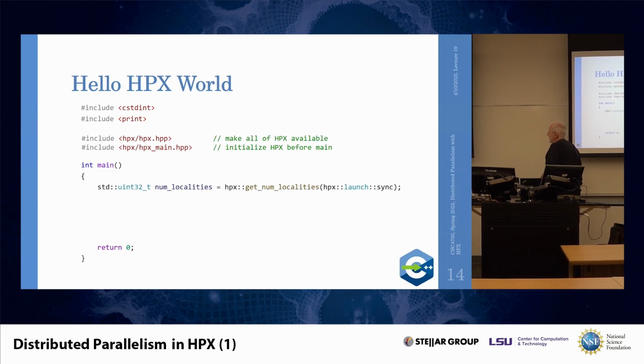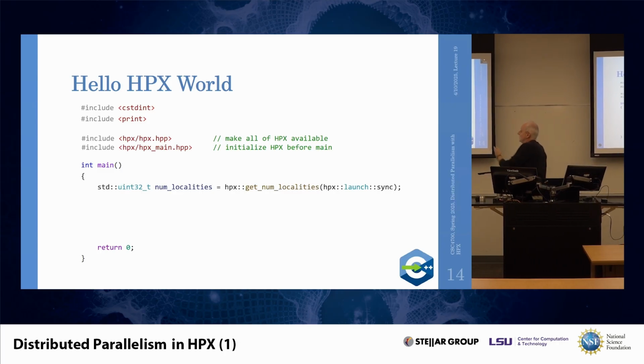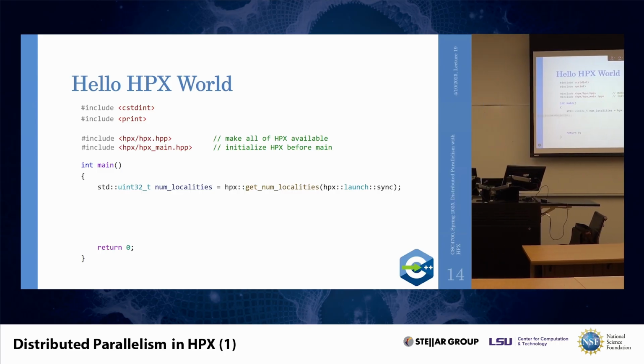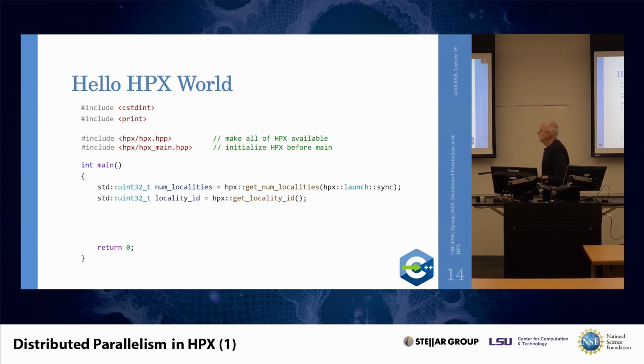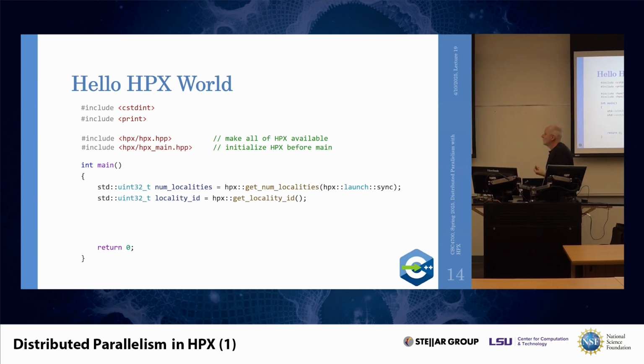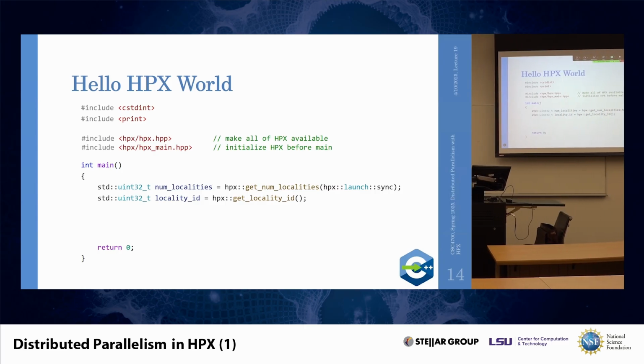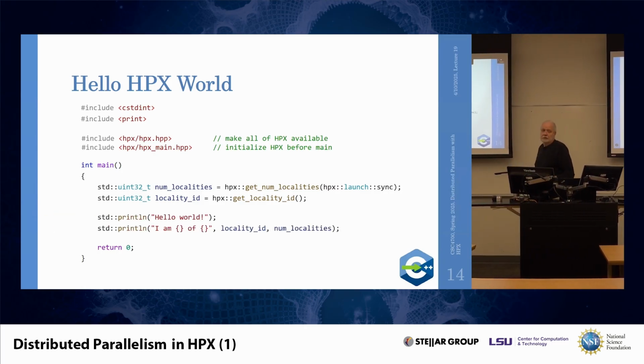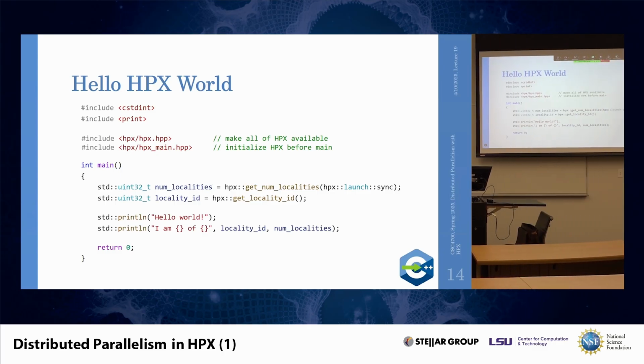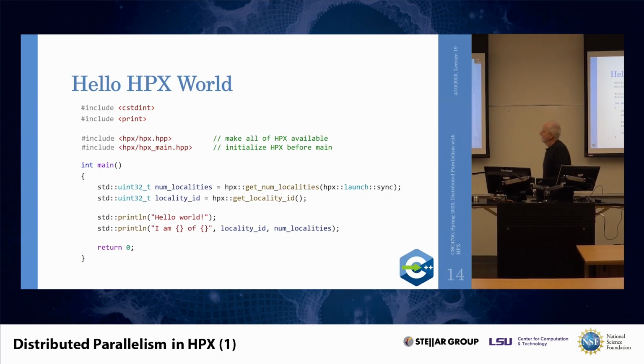Then we call get num localities, which gives us the number of connected localities. We call get locality ID, which gives us our sequence number between 0 and num localities minus 1. And then we print the result. Very simple. In this case, I'm just printing the locality IDs and the number of connected localities.